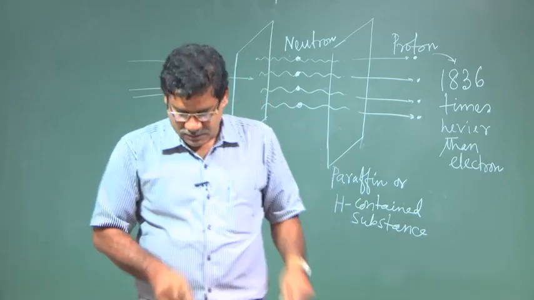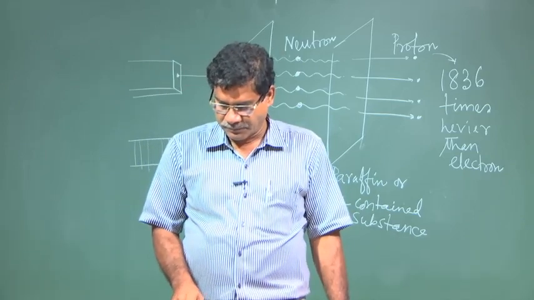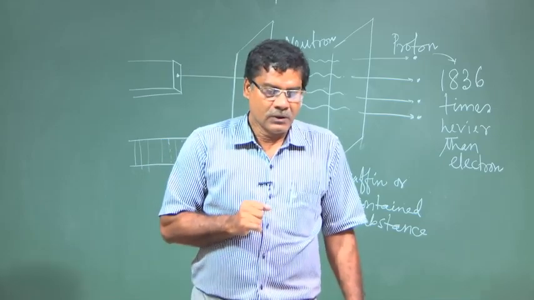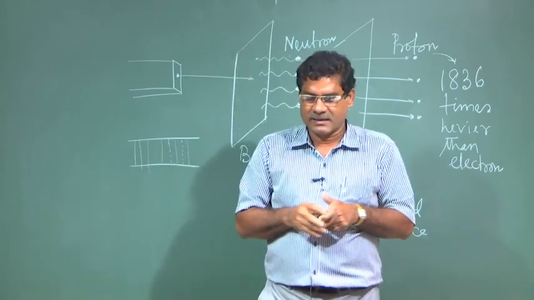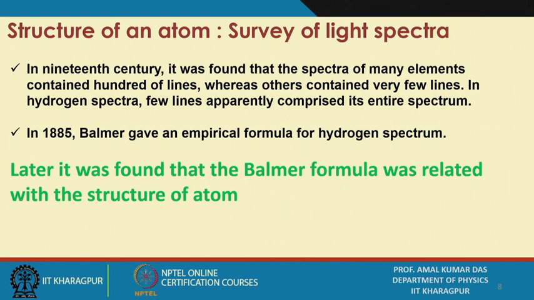Next, in the 19th century it was found that spectra of many elements contain hundreds of lines, whereas there are some elements which contain only very few lines.